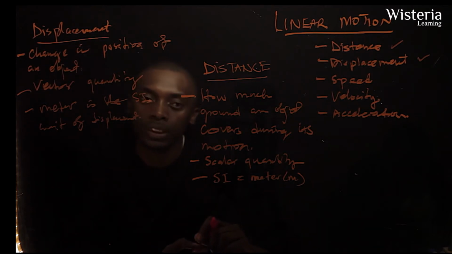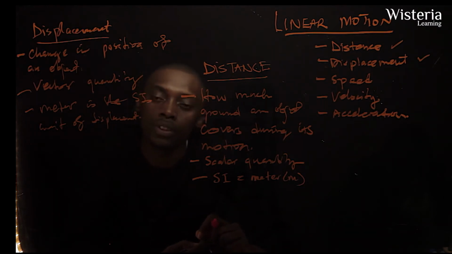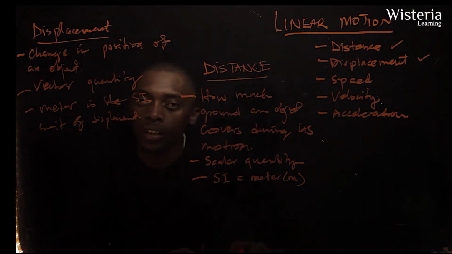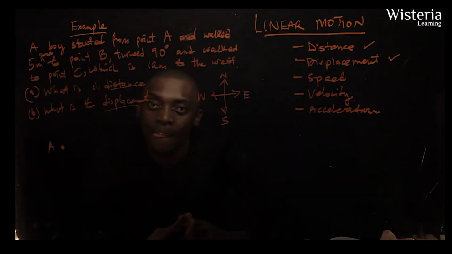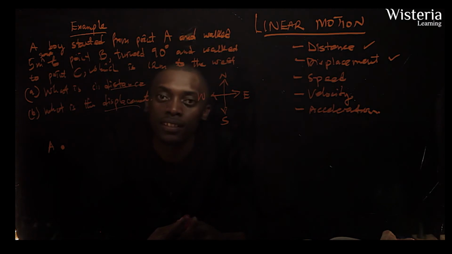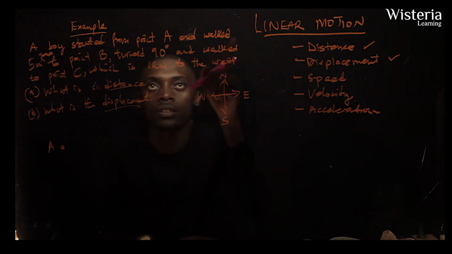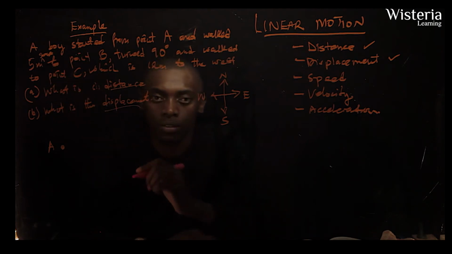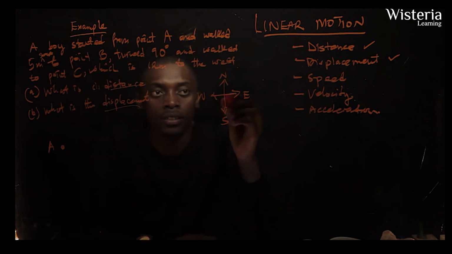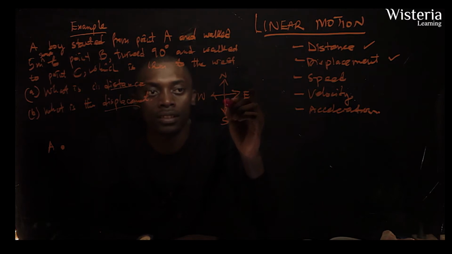We are now going to look at an example just to see how we can calculate either of these two terms if we are given them. In our example, the boy started from point A, and I have my point A here, and then he walked 5 meters south, meaning that this direction on the compass shows south.